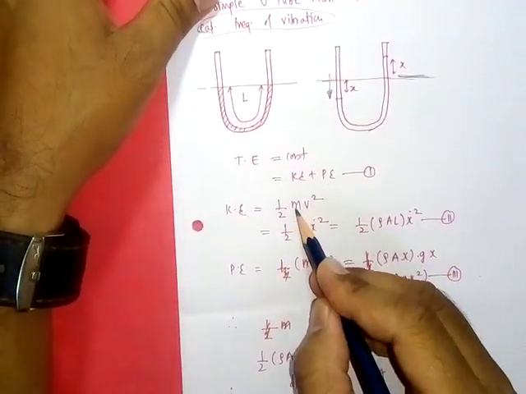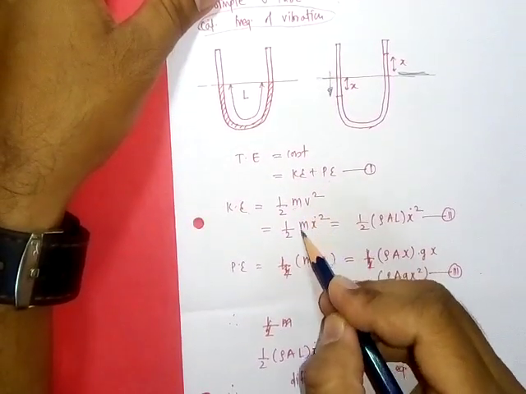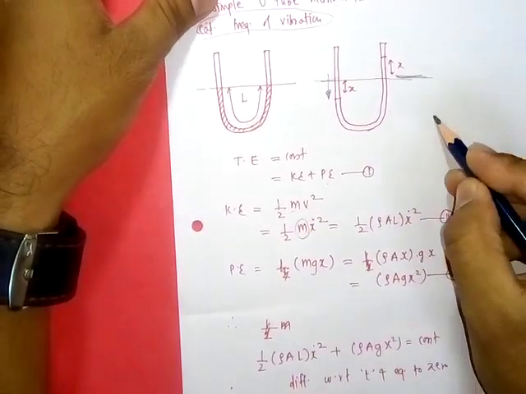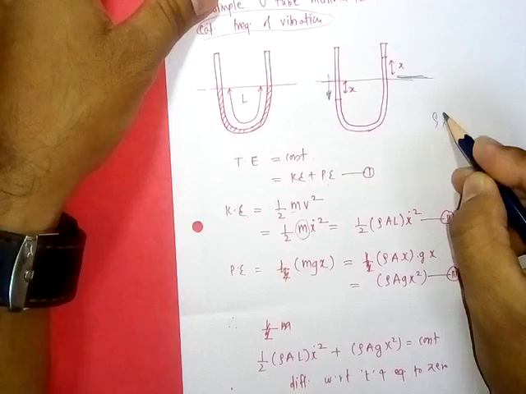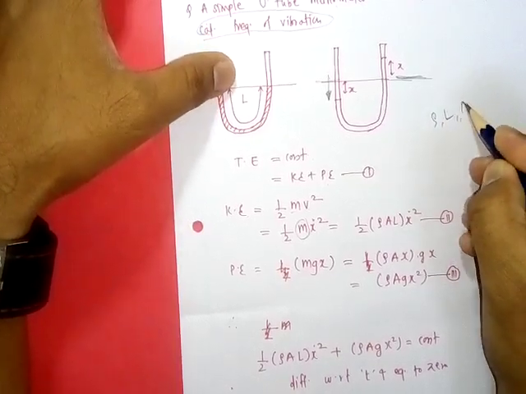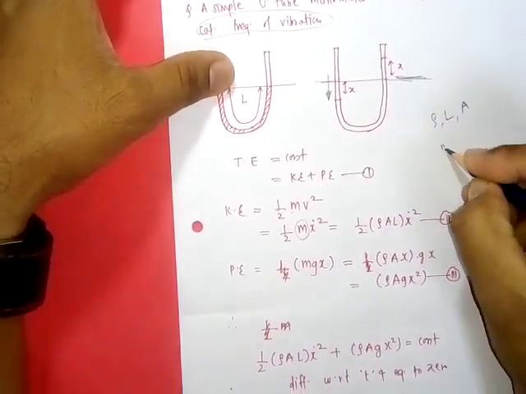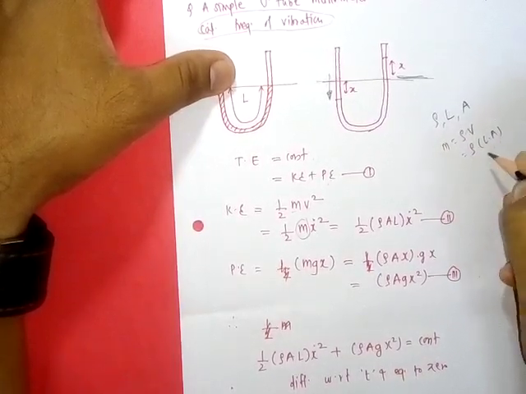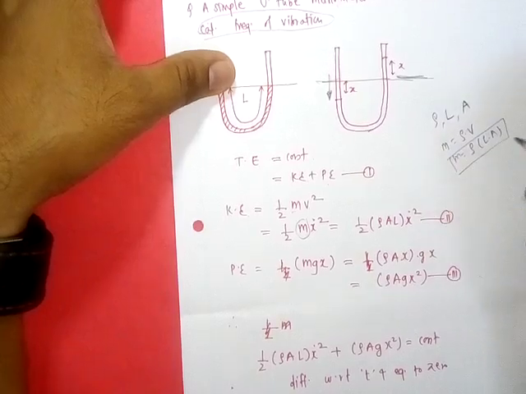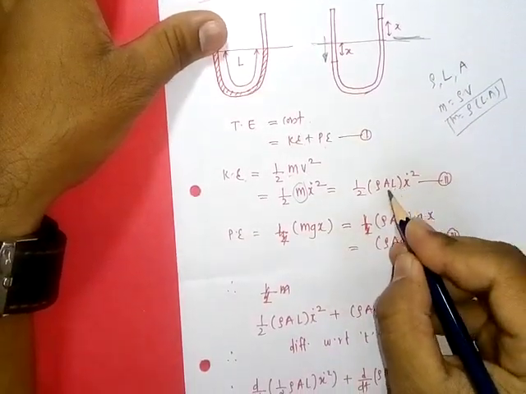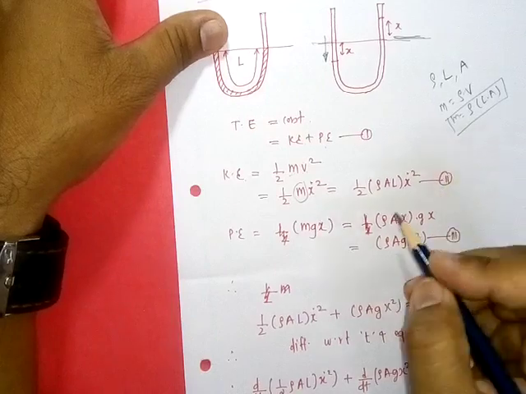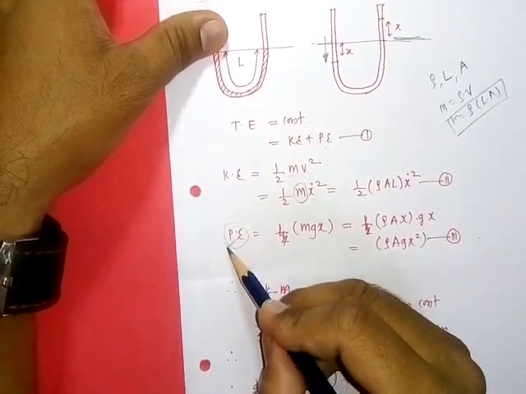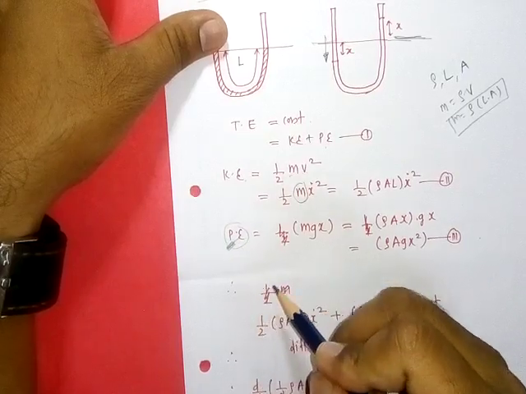So kinetic energy, 1 half m v square, is equal to 1 half m x dot square. Suppose rho is the density, L is the length and A is the area of this tube, then mass is equal to rho into volume, so that will be rho L into A. So this is the total mass of the system, and kinetic energy is 1 half rho A L x dot square. Then for potential energy, we consider the change in potential energy.